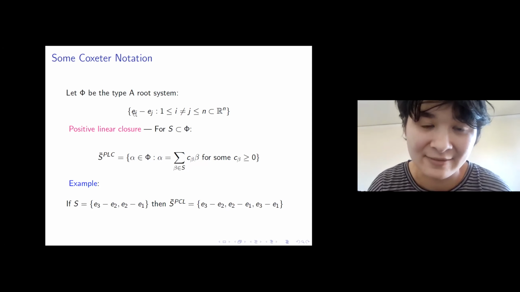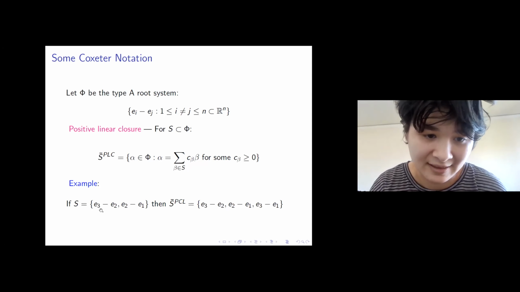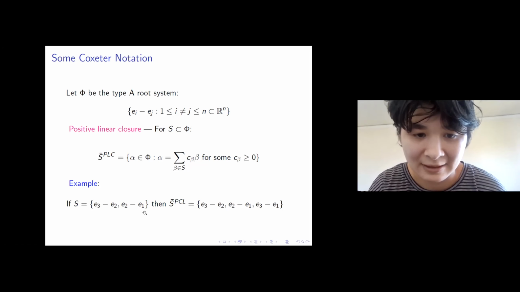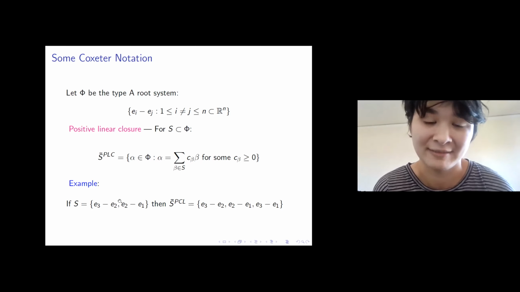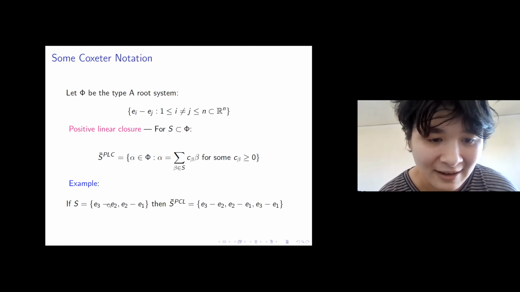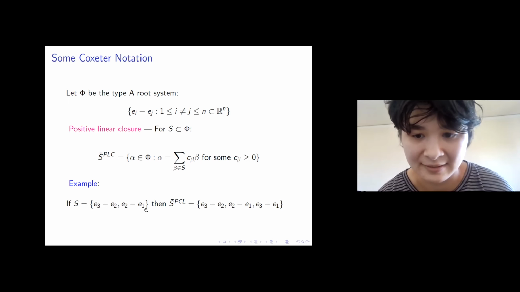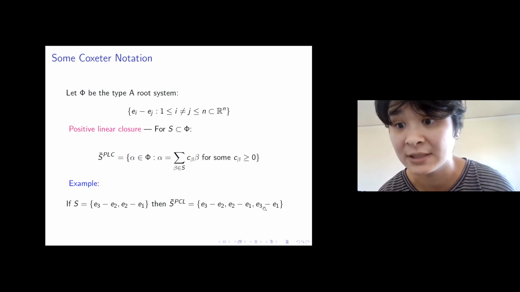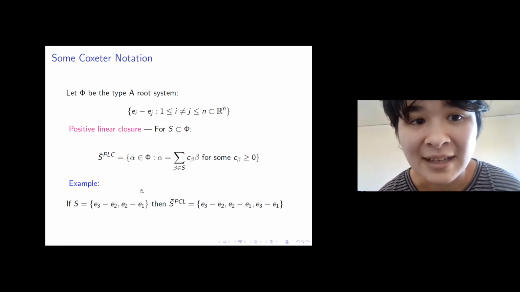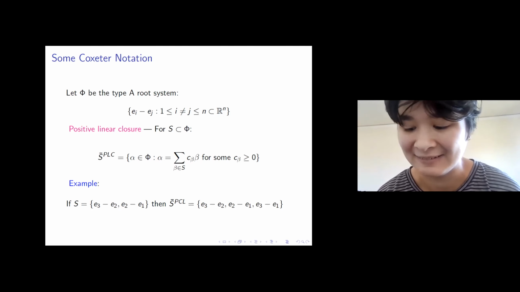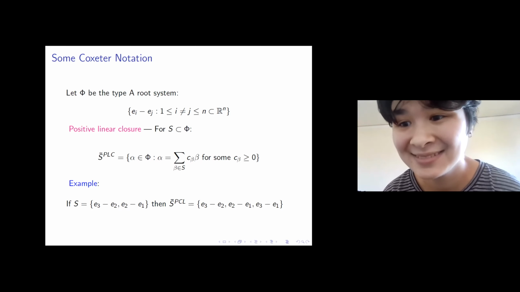So if we have a subset of this root system, for example, e3 minus e2 and e2 minus e1, if we take this closure, what we're doing is adding them up in non-negative ways, and then collecting all of the points that are also in the type A root system that we get. So here, if we add these two, we get e3 minus e1, so that would also go in the closure. And you might see that this might be related to some kind of transitivity property.